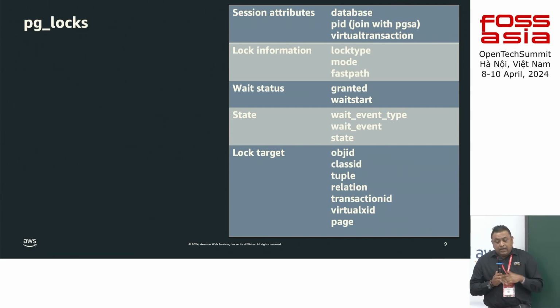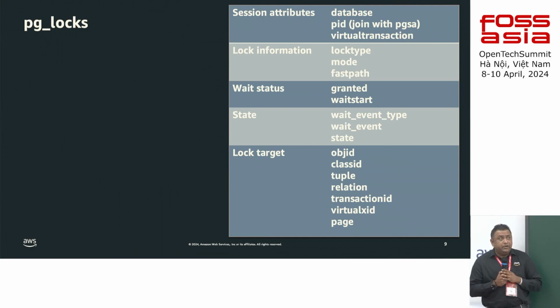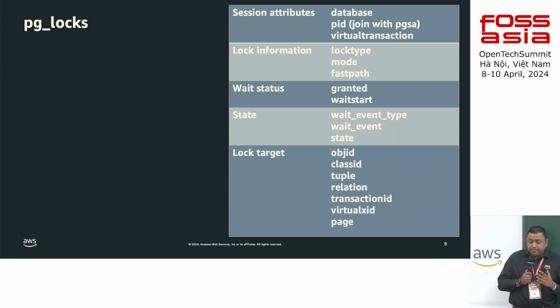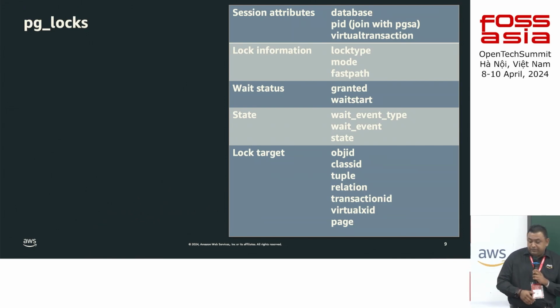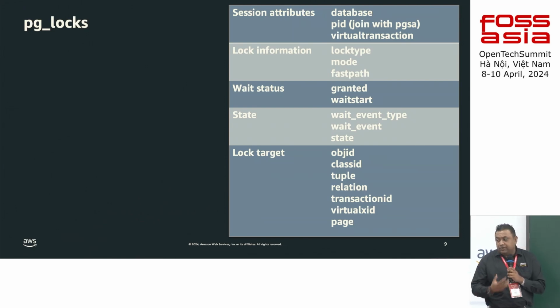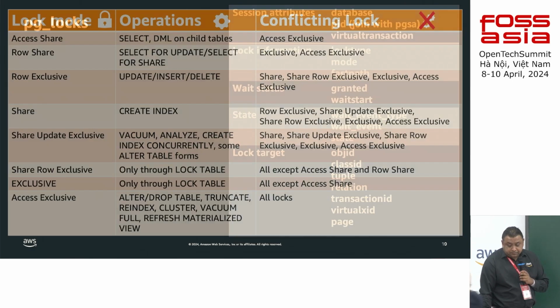An object with no current locks will not appear in the view. Now you can use the pid column within pg_stat_activity to retrieve other information about the session holding or requesting a lock using pg_locks as well.